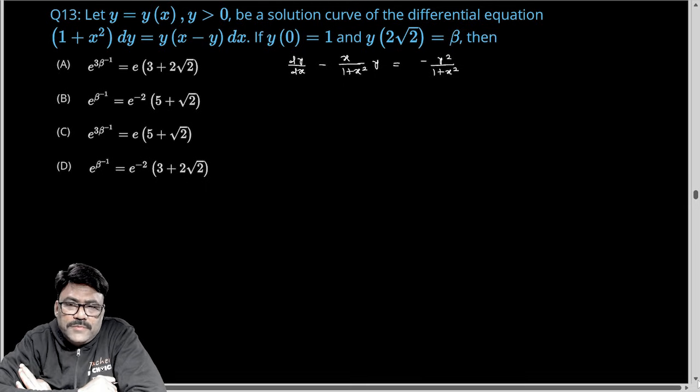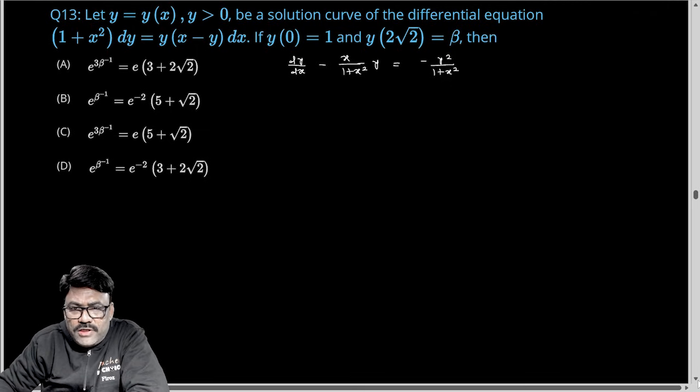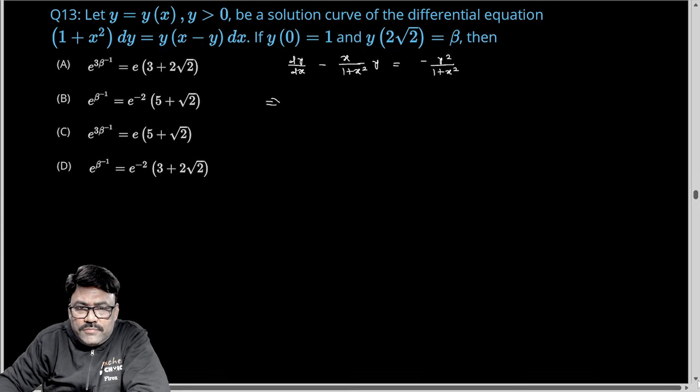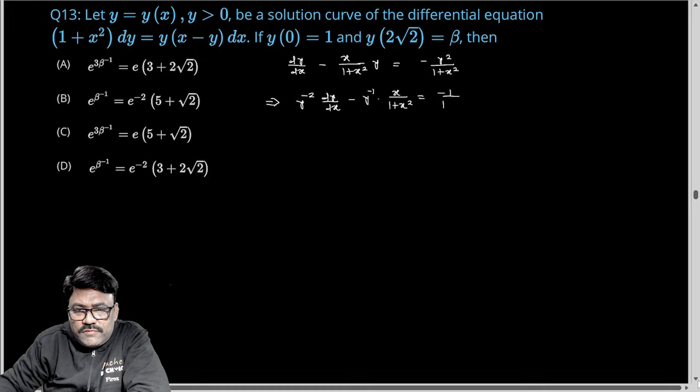Yes, it's right. And now you can see it is Bernoulli's form actually: dy/dx + Py = Qyⁿ. So what I will do, I will divide the whole equation by y² first. Then I will get y⁻² dy/dx minus y⁻¹ x over 1 plus x square, and minus 1 over 1 plus x square.